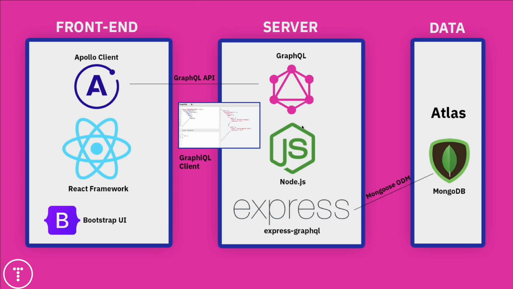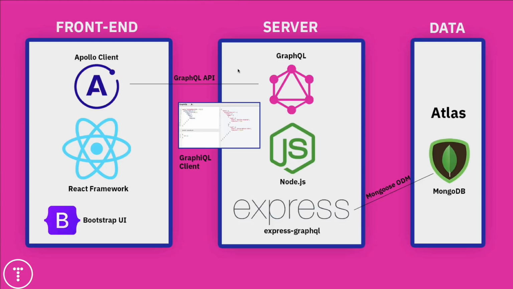We want to set up the GraphQL endpoint. We want to create our schema, create our queries, and we're going to be using the graphical client. Okay, then we're going to hook up a database. So we're going to be using MongoDB along with Atlas, which allows us to use MongoDB in the cloud. And then we'll use Mongoose to connect to MongoDB, as well as create our database models.